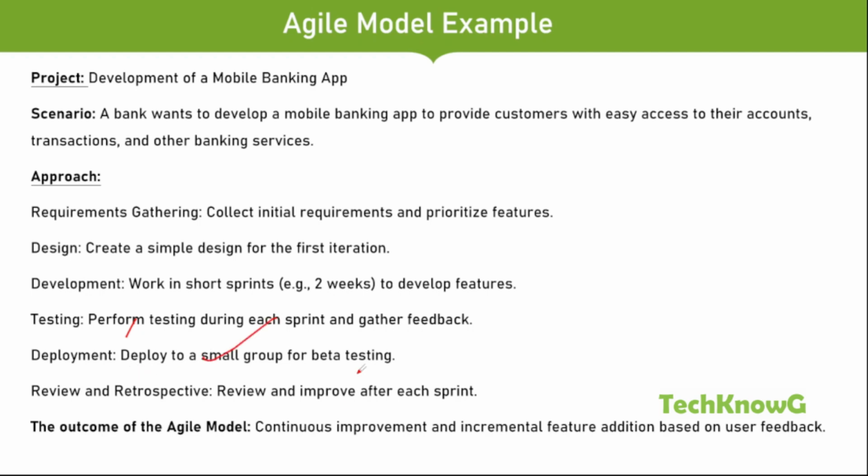Then deploy to a small group for beta testing. Basically, I think beta testing is done at the offshore location for users and testers. There are two types of testing, beta and alpha.